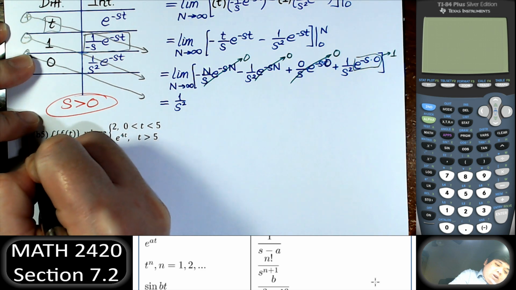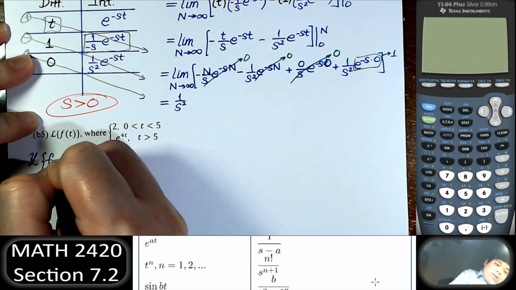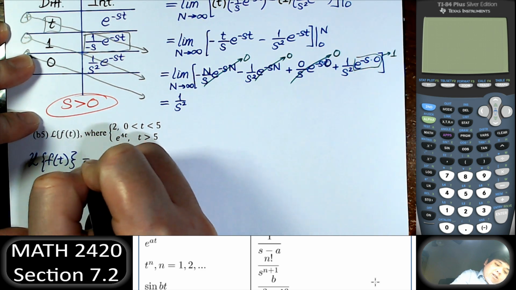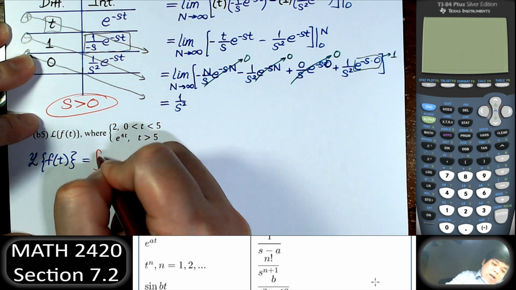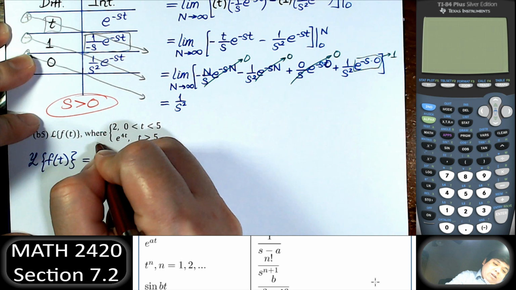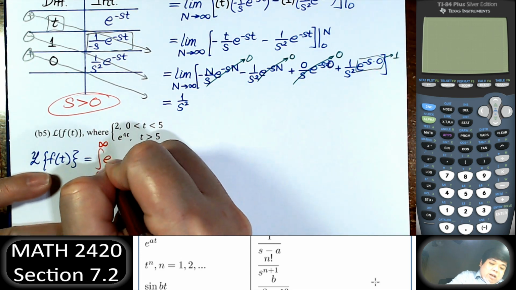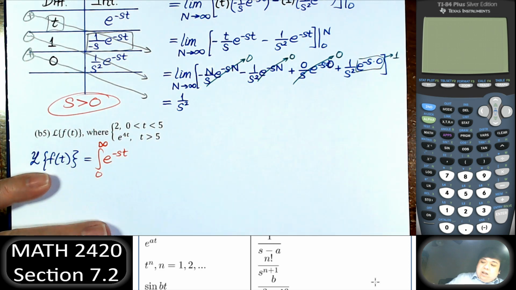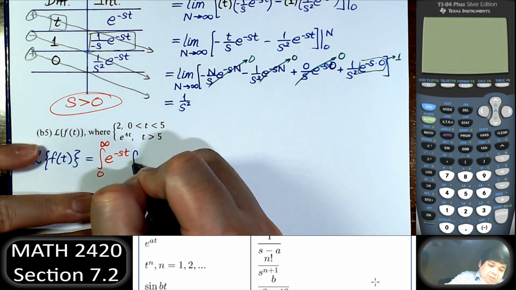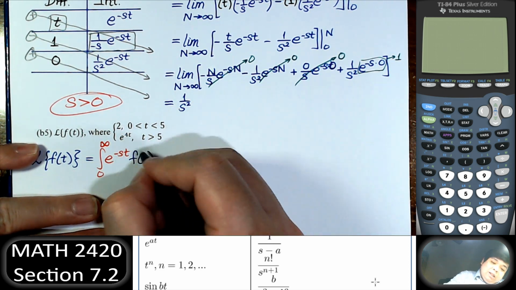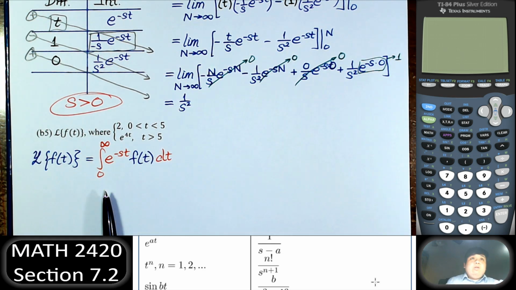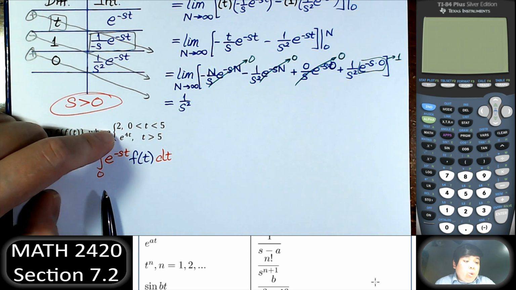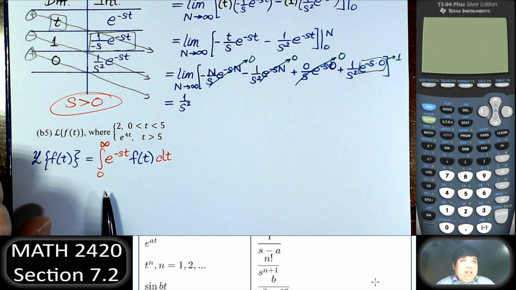So the Laplace transform of the function f of t, by definition, is the integral from 0 to infinity, e to negative st times the function dt. Now, the function has two pieces. First we have 2, and then we have e to the 4t.